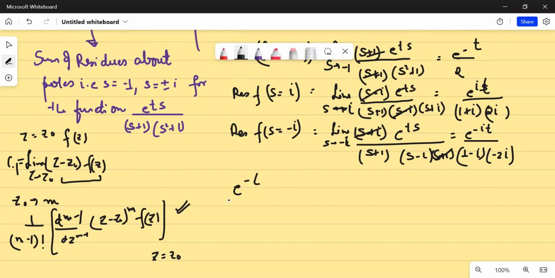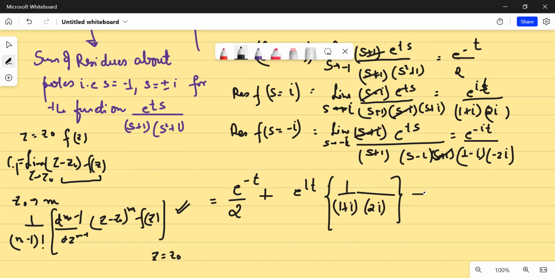You have to sum it all, so I'm summing it up. So e to the power iota t minus e to the power minus t by 2 plus e to the power iota t upon (1 plus iota) into iota, plus e to the power minus iota t upon 2 iota into (1 minus iota).